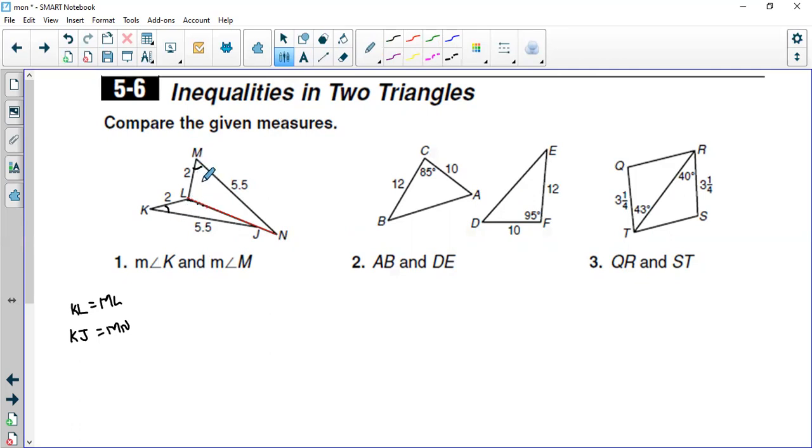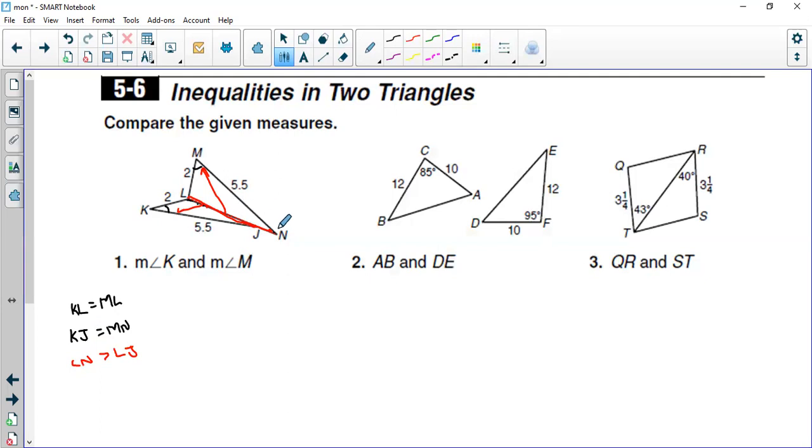We know that the corresponding sides of these are the ones which say which is equal, greater or lesser. So this triangle stops from here, right? Which means this side is corresponding to angle K, and this longer one is corresponding to angle M. So we could say, let me write that here, LN is greater than LJ, isn't it?